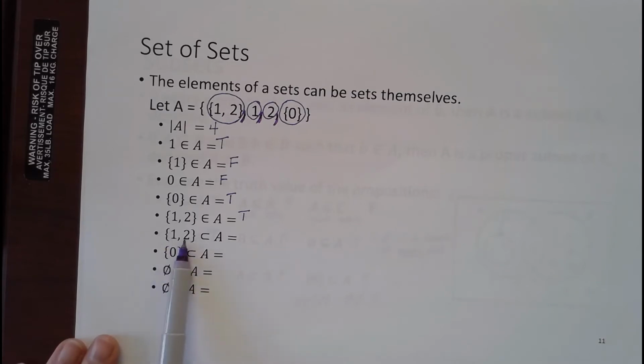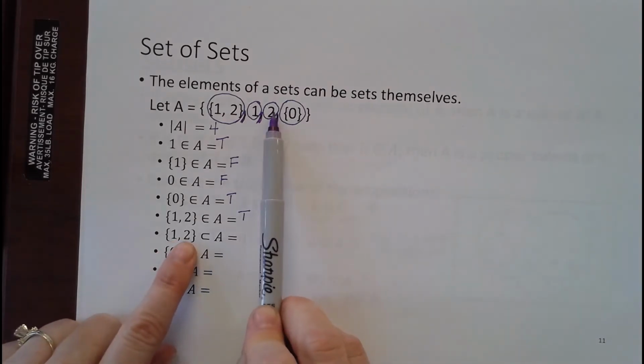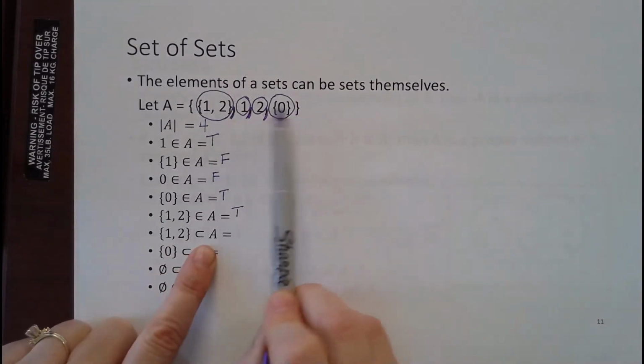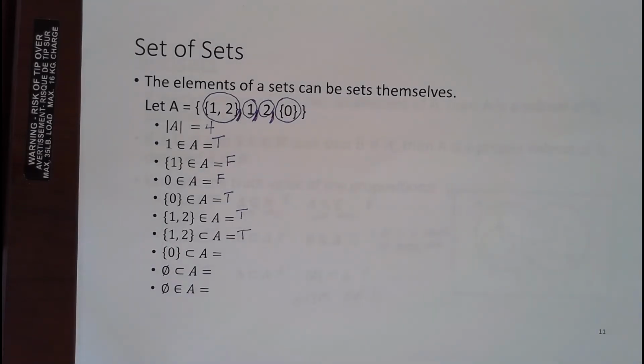So is this set a subset of this set? Yes. 1 is there, 2 is there, and of course this is a proper subset. Is there any extra stuff in A? Yeah, there's some extra stuff. So yes, this one is true. Okay. Is the set containing 0 a subset of A?